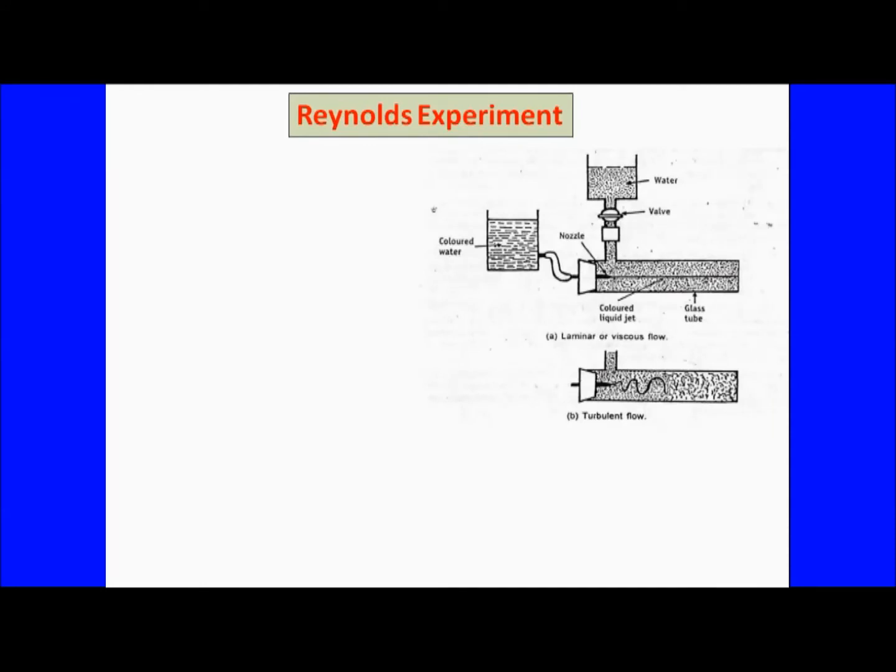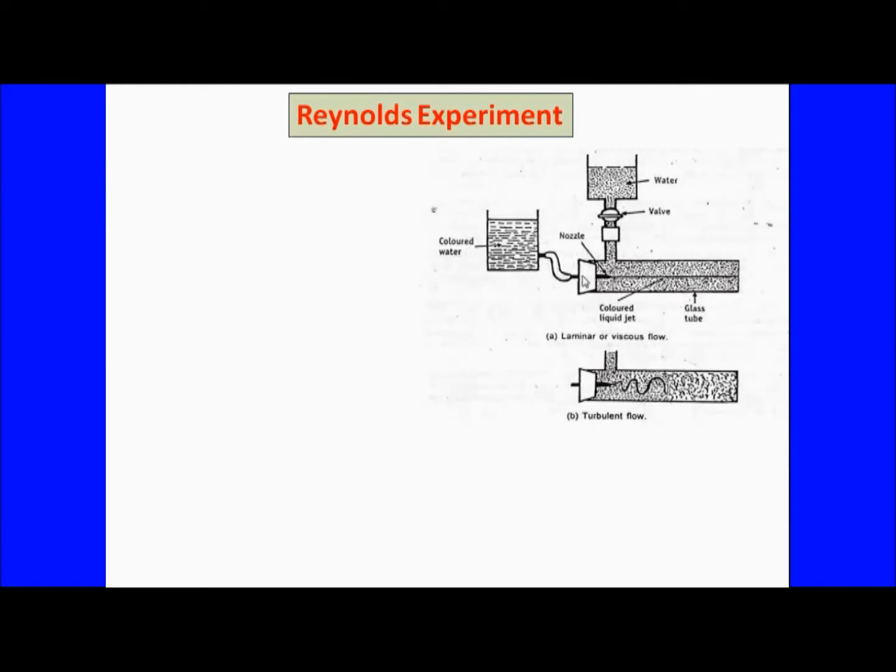So what is the Reynolds number? Let's discuss the Reynolds experiment. Reynolds took a glass tube, right? This glass tube is attached to a water reservoir through a valve. From here the water is coming. Moreover, he has a colored solution in another reservoir.